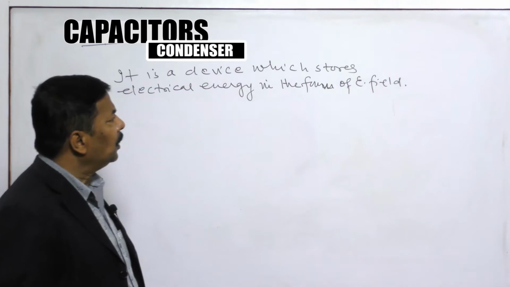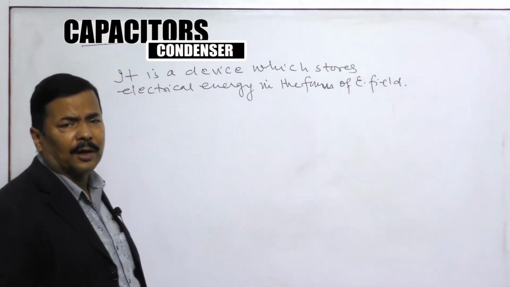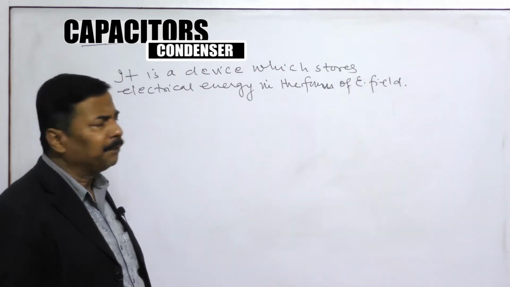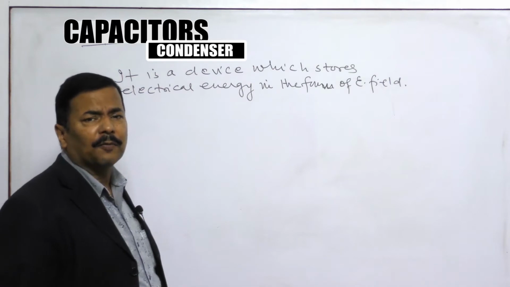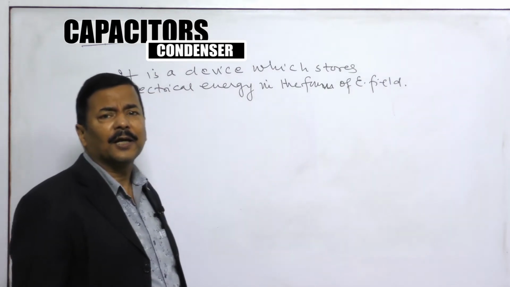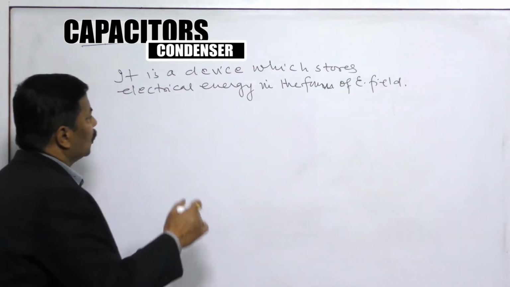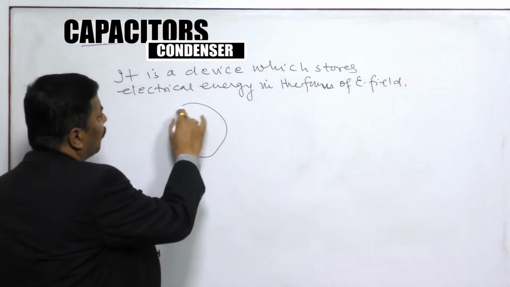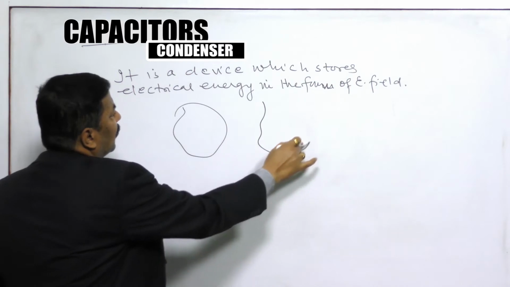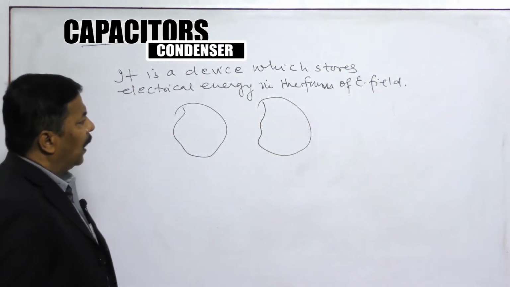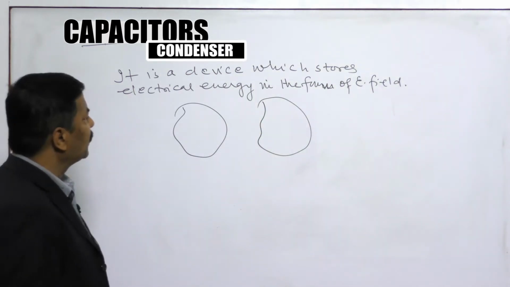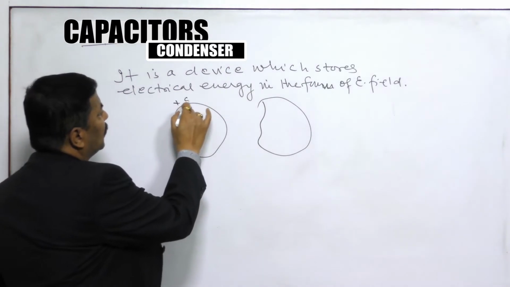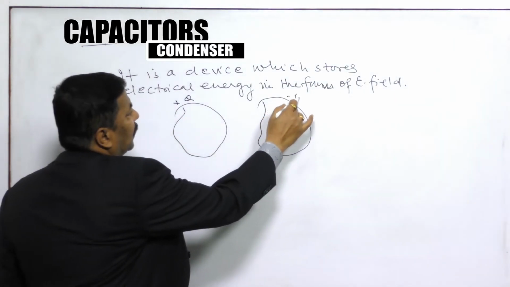It is also an arrangement of conductors. You can say that it is an arrangement of conductors in which electrical energy is stored. So if I take two conductors of any shape, suppose this and this, and one is given positive charge and the other is given negative charge.